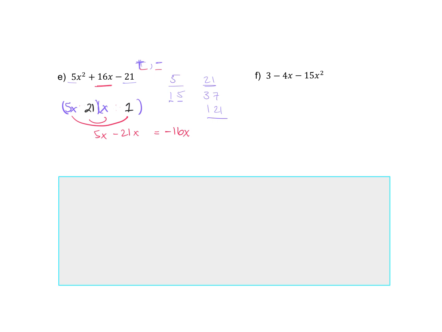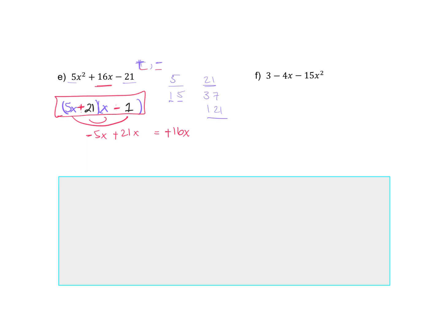So now I'm going to change them to the other sign that I want. I will have a positive 21 and a negative 1. So when I multiply that out, 5x times 1 is a negative 5x. Positive 21 times a 1 is a positive 21x, which gives me a positive 16x. So this is correct.